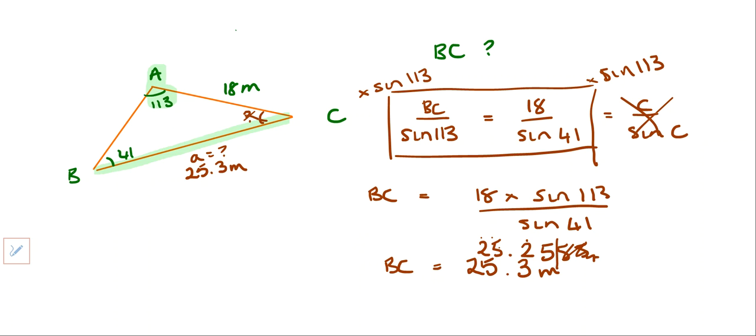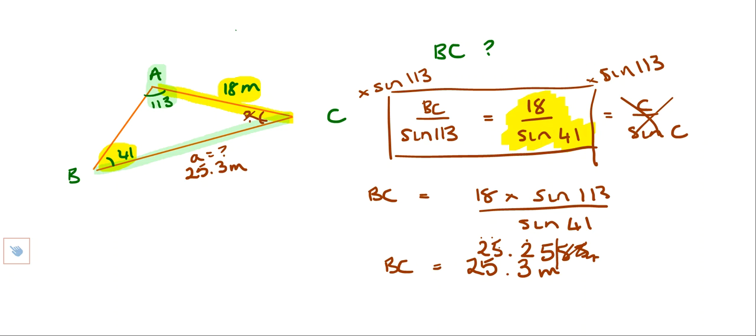Do you notice how for this triangle, I had 41 and I had its opposite side of 18, which gave me 18 over 41. It was a complete pair. It was the side and its angle, right? I also must have the opposite of what I'm trying to find out. Does that make sense? If I don't have that information, I can't use sine rule.